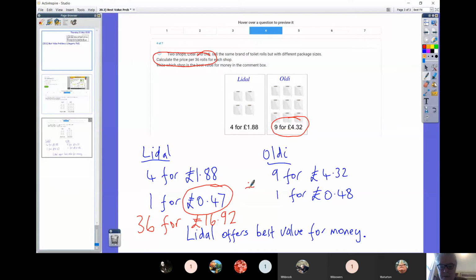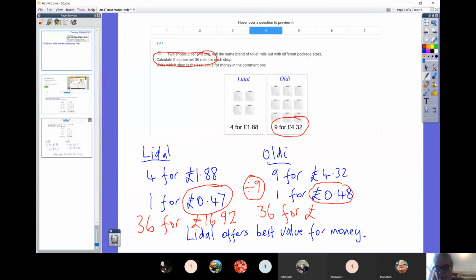Clearly, if 9 rolls cost £4.32, you would divide by 9 to get that price per roll. Now the question asks how much 36 rolls would cost. So we're going to have to do 36 times 0.48 on my calculator, and that gives me £17.28.